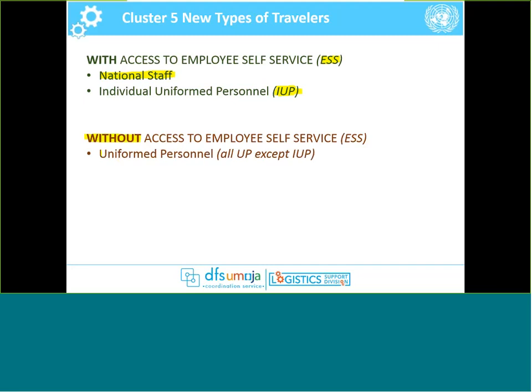So within the new traveler types that don't have access to the portal, we have uniform personnel. So all uniform personnel except the ones that are considered individual. Are you aware of the difference between an IUP and other types of uniform personnel? Can anybody give me an example through the chat about IUPs?